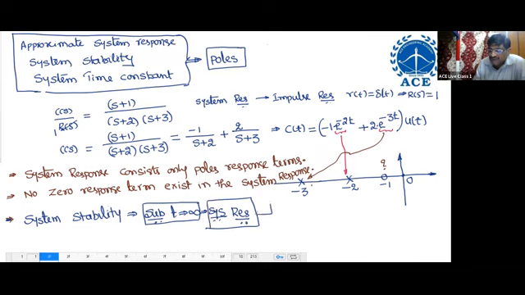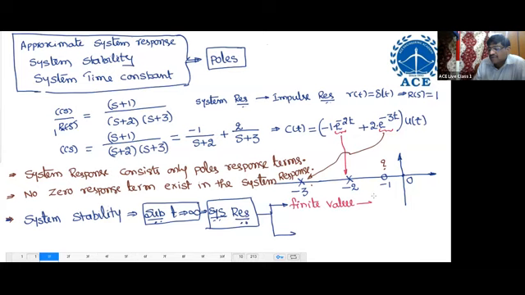If you substitute, for example, t tends to infinity here, e power minus infinity is 0, e power minus infinity is 0. 0 means finite or infinite? Finite value. If you are getting a finite value, then that system is a stable system.